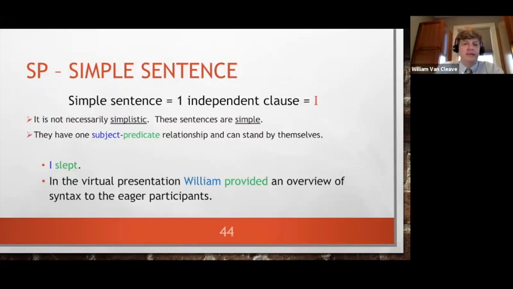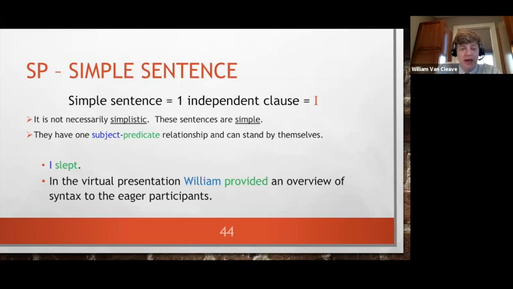So a simple sentence is one independent clause, and that is one of those independent clauses we talked about. You put a period at the end and bam, you've got a sentence. And my message for simple sentences, that simple sentences are not necessarily simplistic. Simple means one independent clause. That's it.